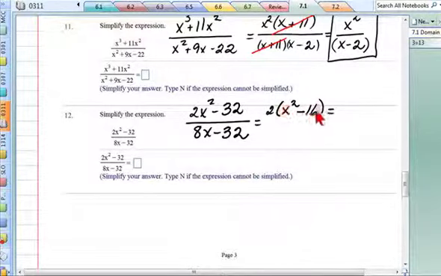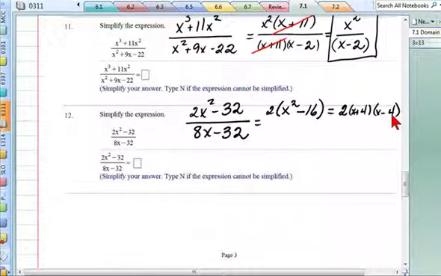Do you recognize it? Yes. Isn't it the difference of squares? So I will take one more step and say that's 2 times what? How do you factor the difference of squares? X plus 4 and x minus 4, a sum and difference of their square roots.